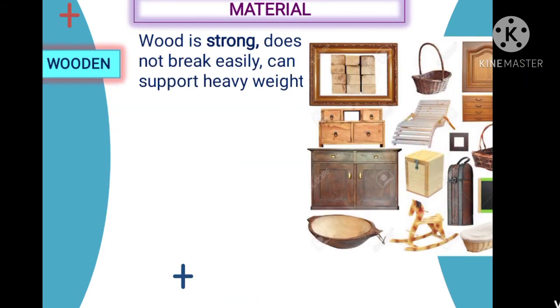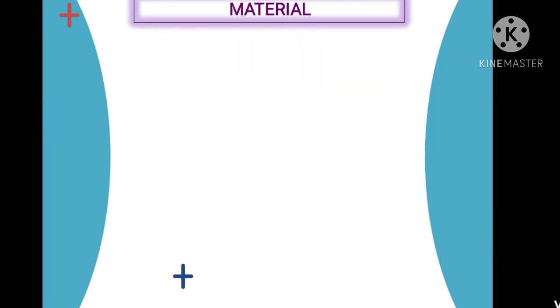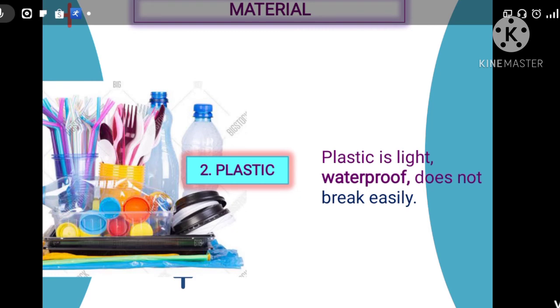Material number 1, wooden. What are the characteristics of wood? Wood is strong and does not break easily. It can also support heavy weight. We usually use wood for chairs, cupboards, frames, windows, a lot of things. And then material number 2 is plastic.